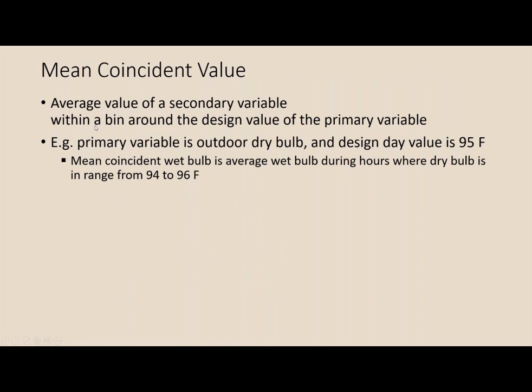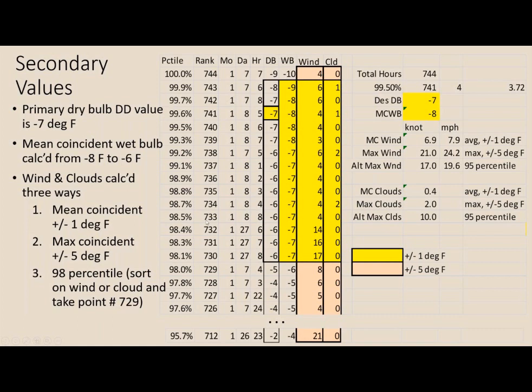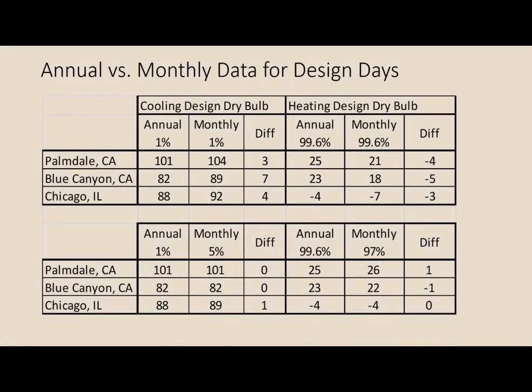Here I talk about how the mean coincident value would be defined, and here is a spreadsheet where I've done some calculations of the mean coincident value. Again, I'm not going to go through all these calculations, but I wanted to show the process that I went through in my project.